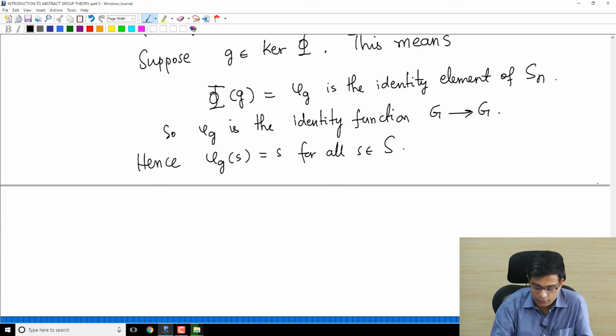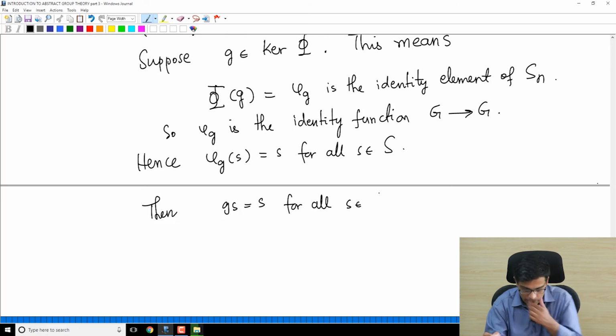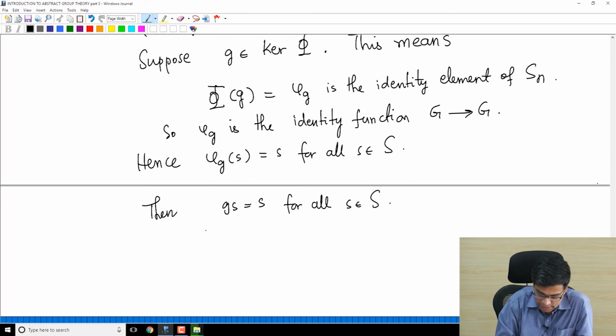But what is phi g of s? Phi g s is by definition gs. So gs is equal to s for all s in S, right? In fact, this is a very strong condition. gs equal to s implies gss inverse equal to ss inverse.